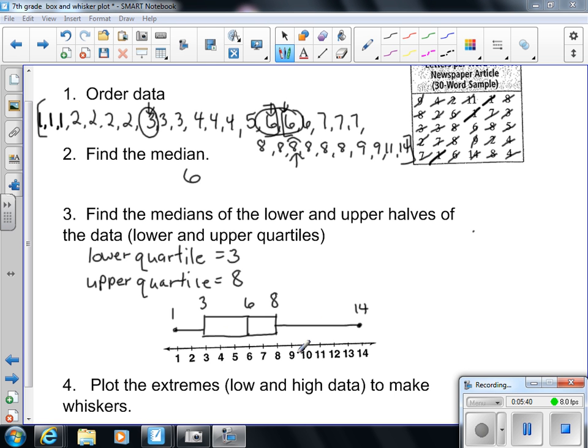Now, sometimes if you have what I call an extreme piece of data, we call that an outlier, and you just put a little star. Okay, so an outlier is an extreme piece of data, and it's usually just one piece.